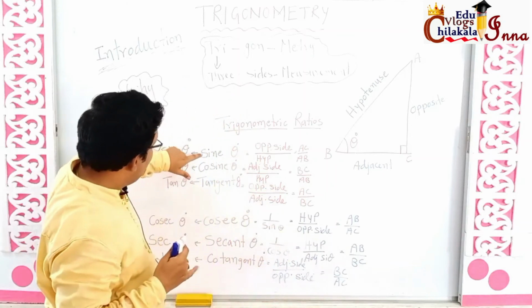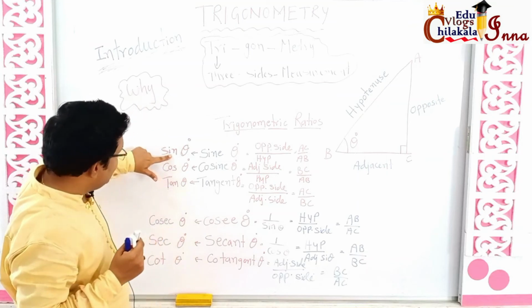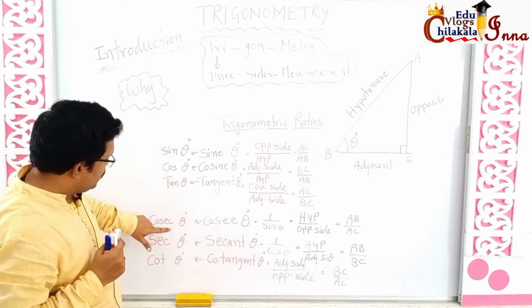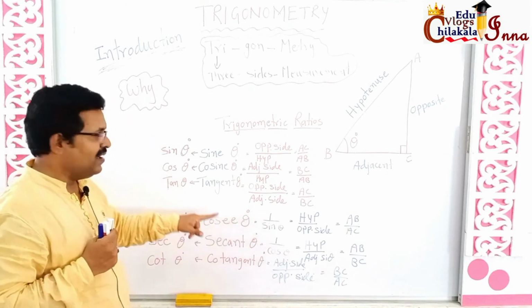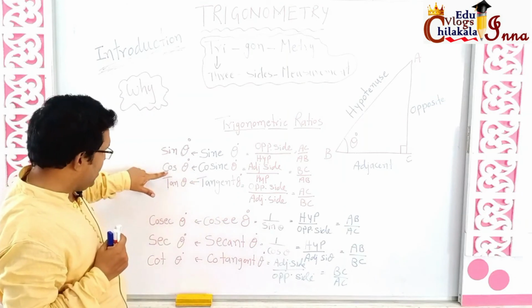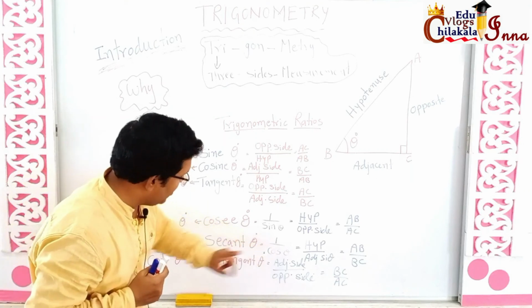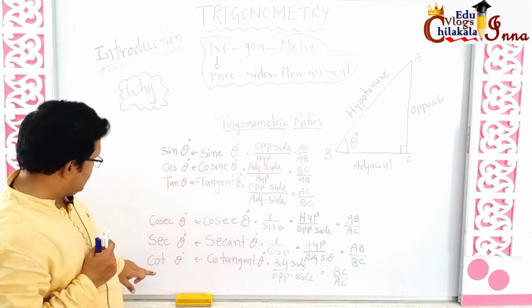So the opposite of sin theta is cosecant theta. Cosecant theta is 1 by sin theta. The opposite of cos theta is secant theta, that means secant theta is equal to 1 by cos theta. The opposite of tan theta is cot theta.